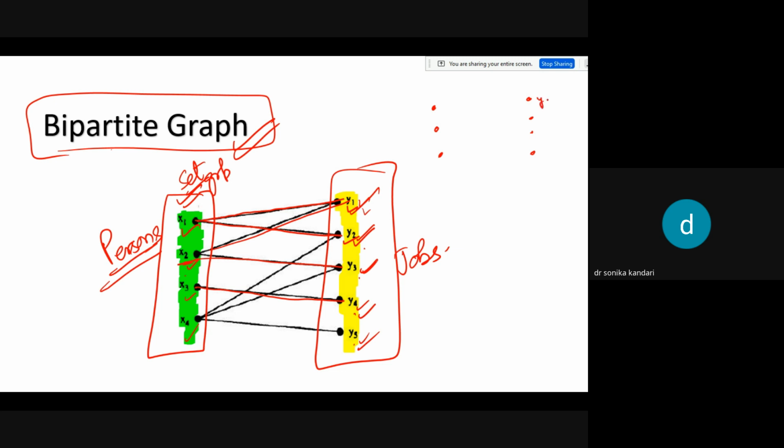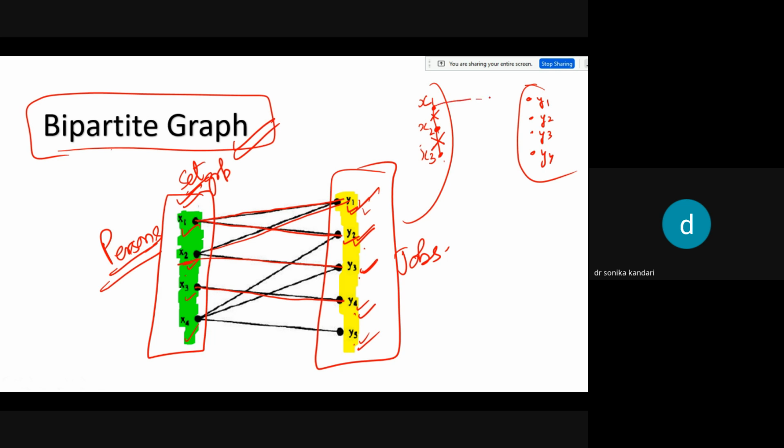Suppose these vertices y2, y3, y4 belong to one set, and here we have vertices x1, x2, x3 belonging to another set. There should not be any edge between the vertices of the same set. Is it clear? This is not allowed.